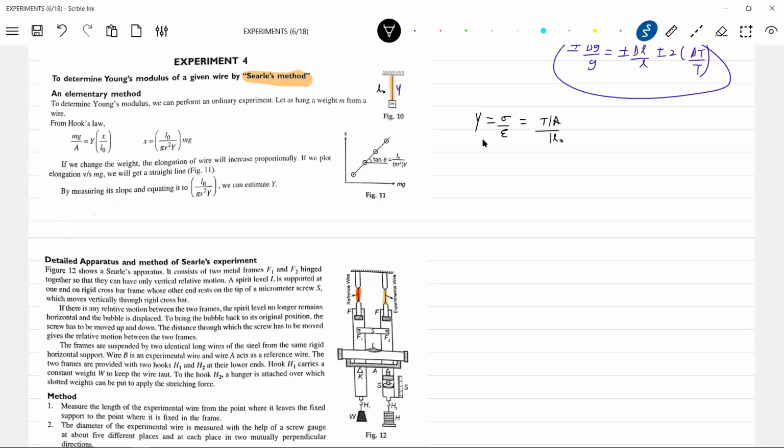Okay, now what you can do here. If you go to the lab and start doing this elongation experiment, this will be mg by A, Y equal to, this will be elongation x by L naught.